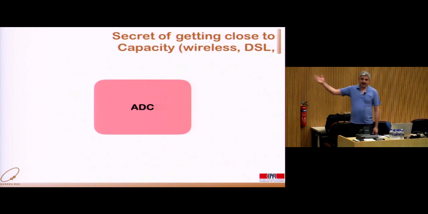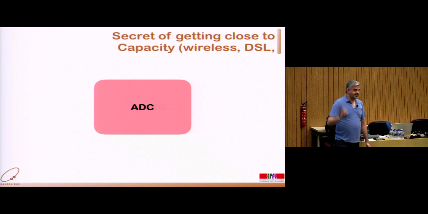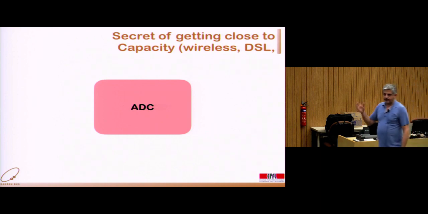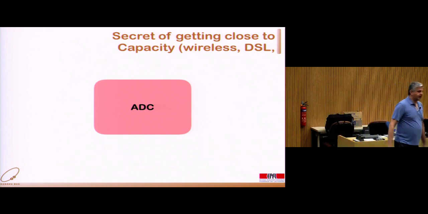Because in wireless and all the other places, there is one component called an ADC, analog to digital converter. It's a component that takes analog signals, real values, and makes from them digital signals. The reason everything works is because you have this ADC, and then you go to the digital world, and you implement all sorts of algorithms you want. Doesn't matter.